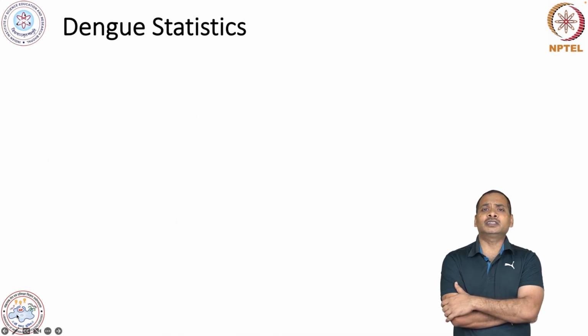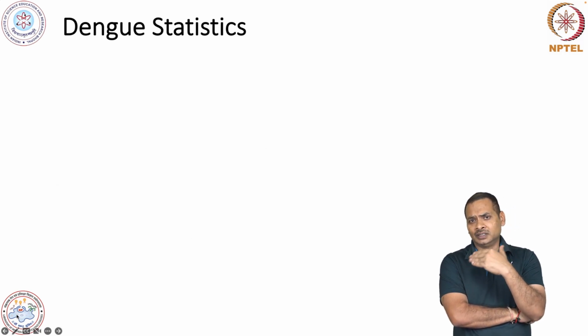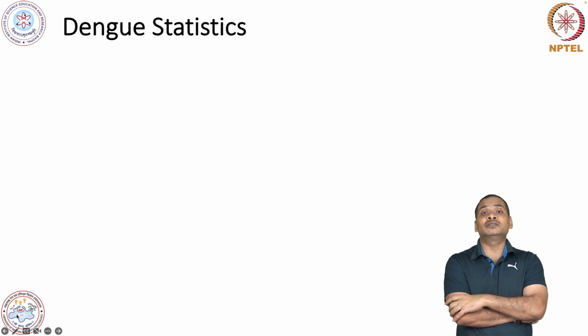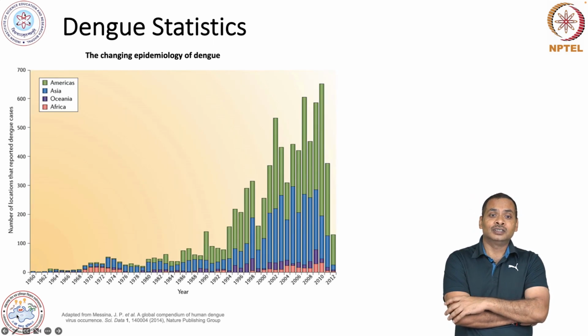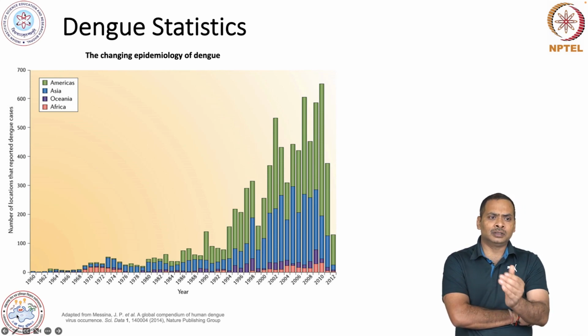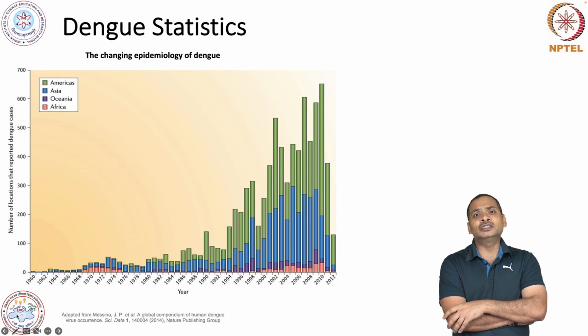And more interestingly, dengue incidence is increasing with the years. Here you can see this graph. The number of reported cases is increasing with the year.